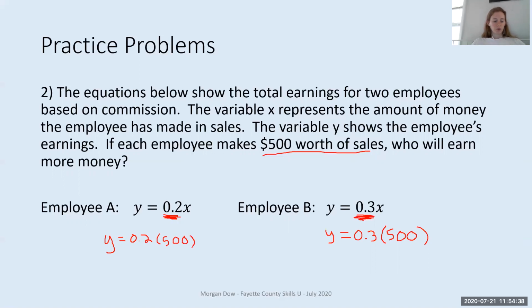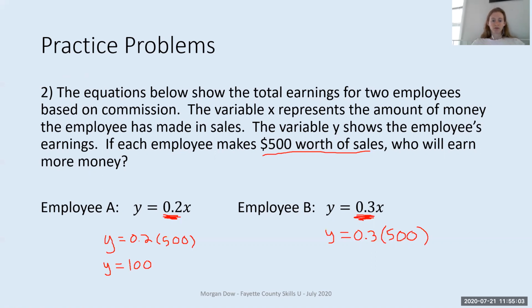So let's start with employee A. We're doing 0.2 times 500, and that is 100. So that means that if employee A makes $500 in sales, their commission, the amount of money they actually earn, is going to be $100.